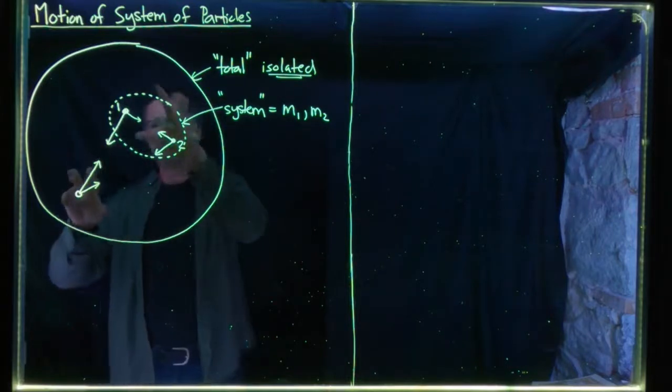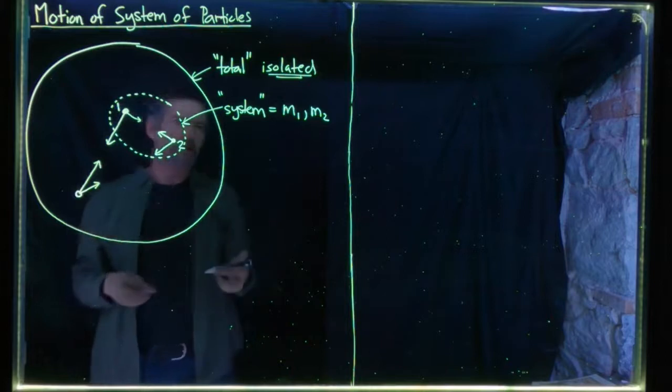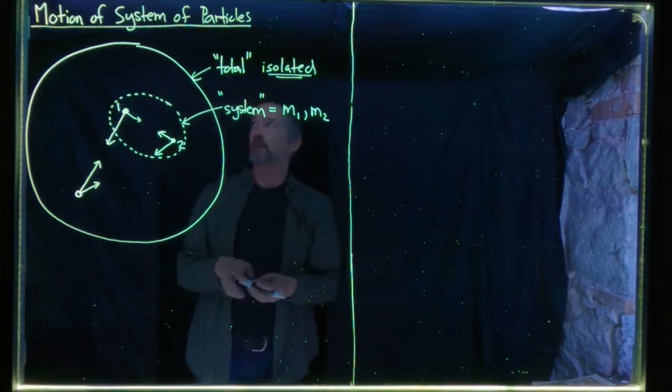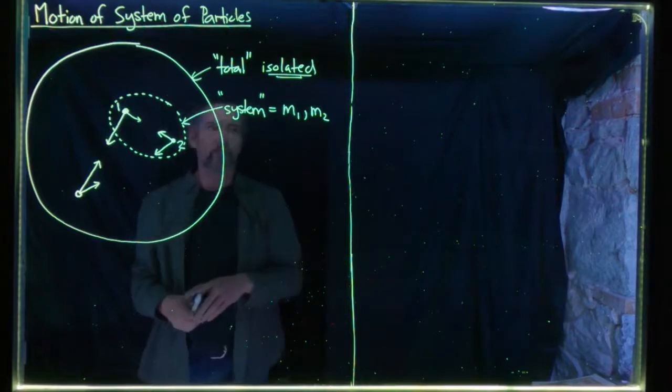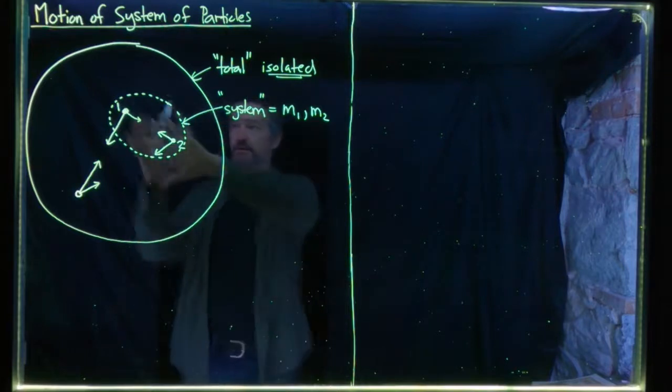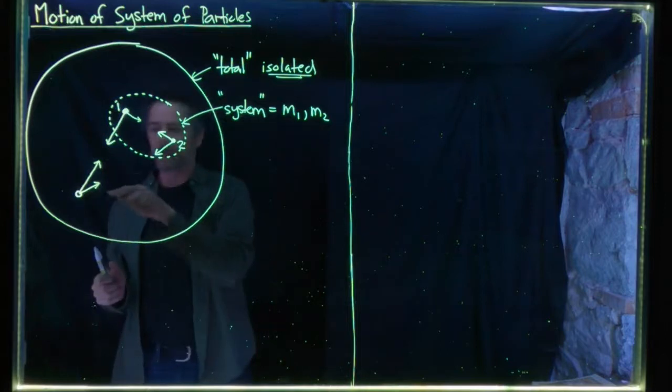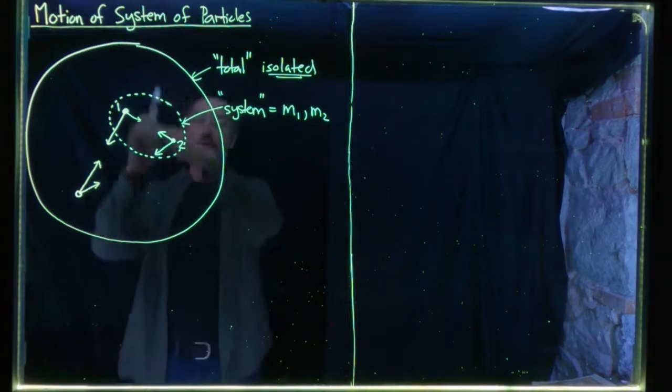And so what we're interested in is the motion of this system of particles as that system and the Sun orbit around each other. Okay, and so how do we describe that? That's the topic of this motion of a system of particles. So this is the system, this is the total, and this thing is external to the system. It's everything else.